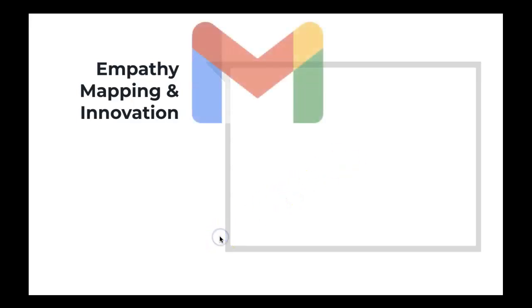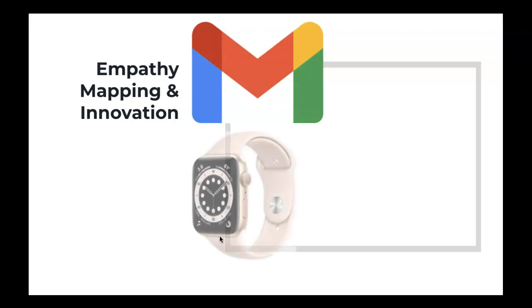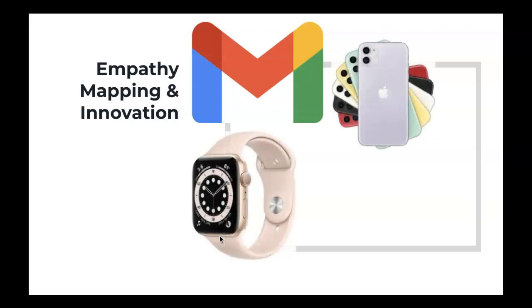When we think about empathy mapping, it's not just a skill for social change, it's a skill for any type of innovation. Empathy mapping is used in Google, and Google has a whole group of people whose job is to understand the people who use Gmail, the people who use Google Calendar. What are their priorities? How do they function? And what are their needs? And how can Google meet those needs? Apple actually has a design thinking component of their organization.